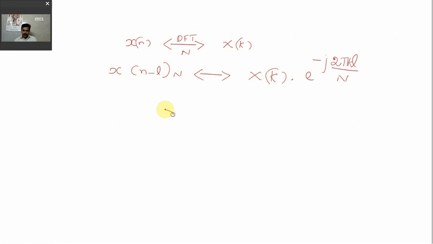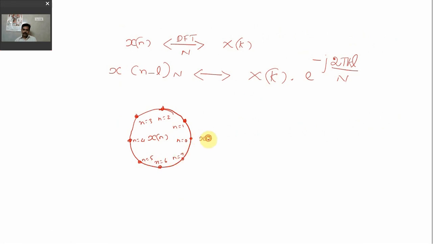Now I am considering an N-point sequence x of n. So this is x of n. This is n equal to 0, n equal to 1, n equal to 2, n equal to 3, n equal to 4, n equal to 5, n equal to 6, n equal to 7.